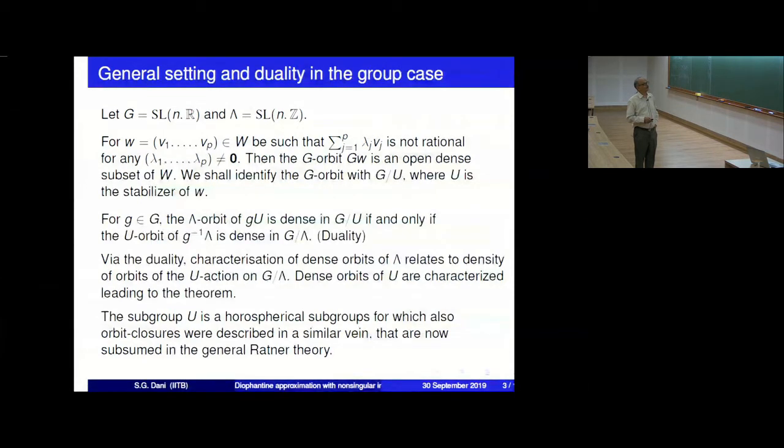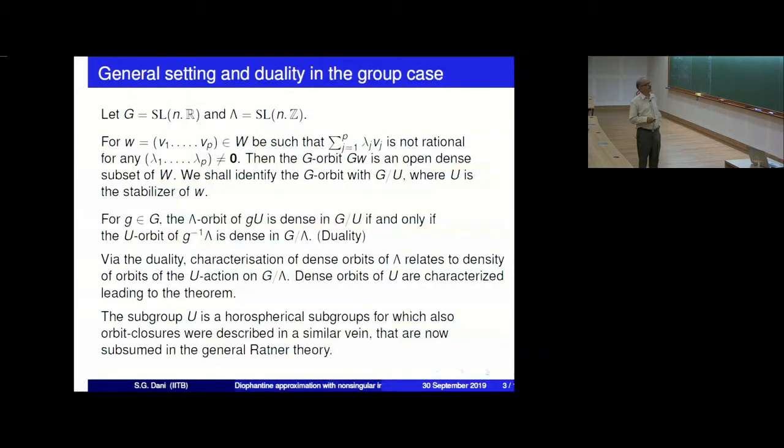Now, this lambda, as you know, is a lattice. In other words, G mod gamma admits a finite G invariant measure, and there have been dynamical studies of these kinds of objects.